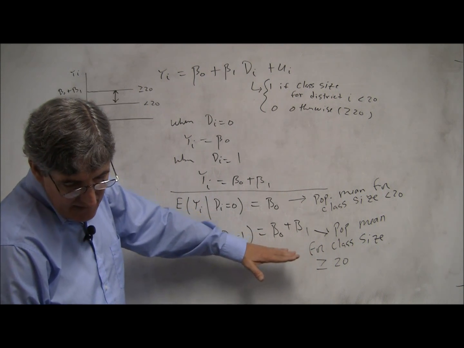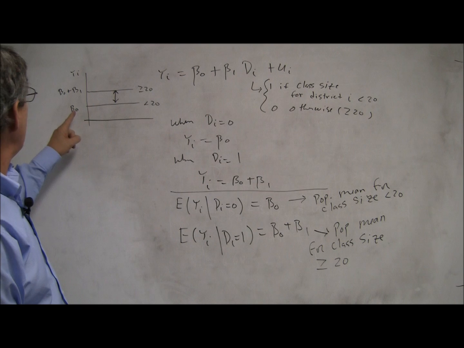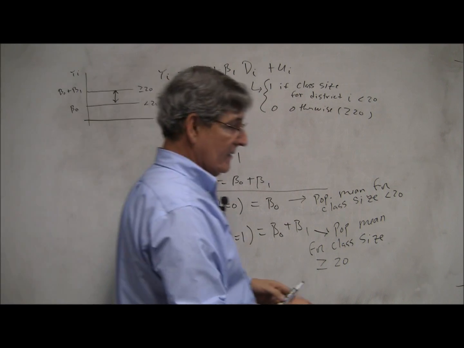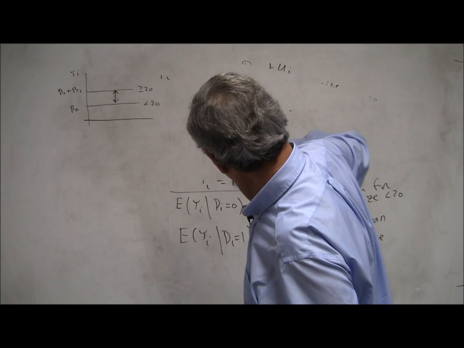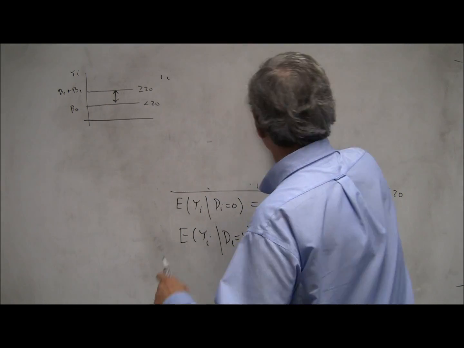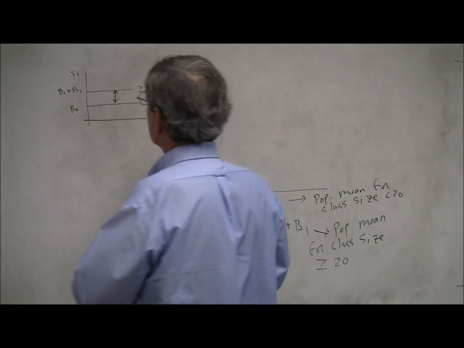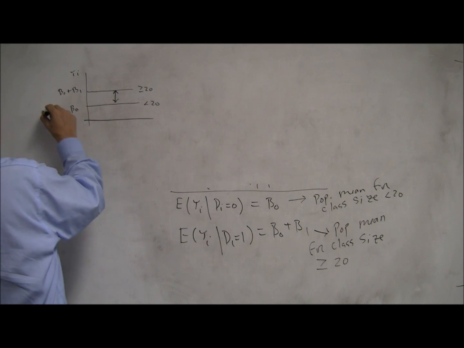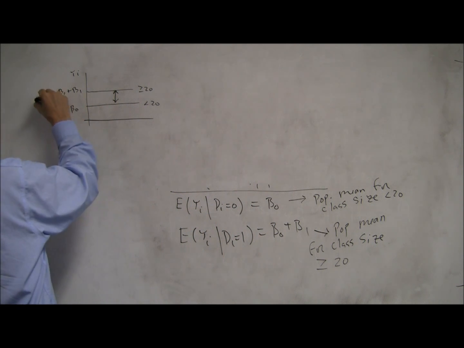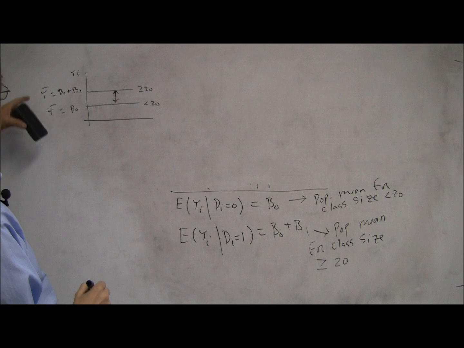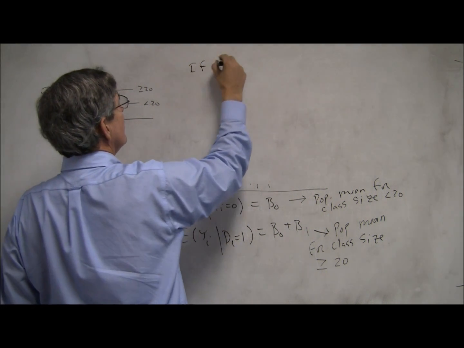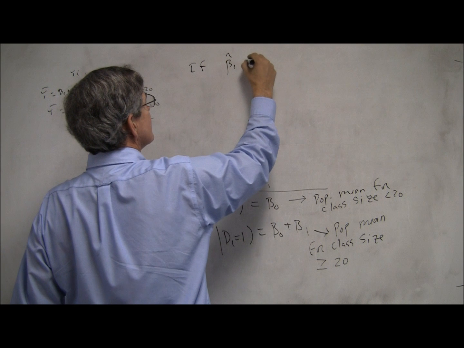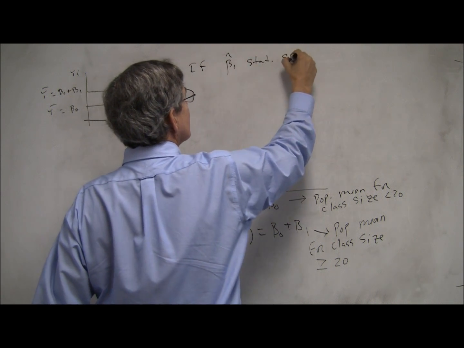And the way we can test that is by beta 1. So if beta 1 hat is statistically significant, you've got two different hypothesized means.